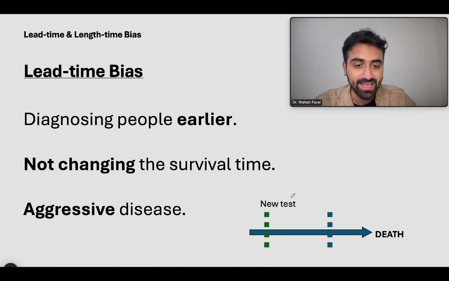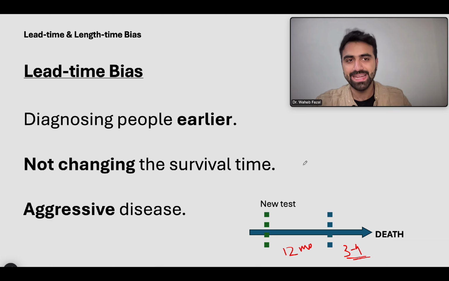We're not changing the survival time. This is just a false perception. We earlier had 3 to 4 months and now we're somehow getting 12 months of the patient just knowing that he has pancreatic cancer. So we're not actually increasing the survival time. This is lead time bias. You're getting a lead on the diagnosis of the disease, but actually you're not increasing the survival time.